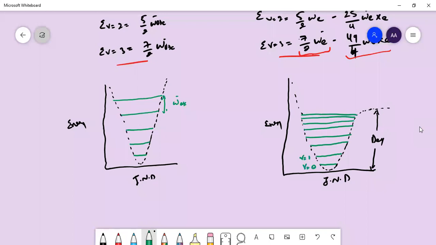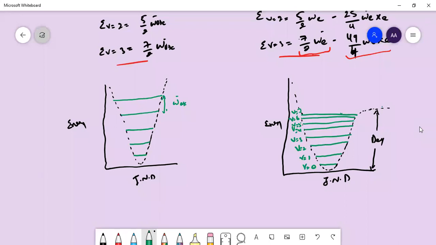That is V equal to 0, 1, then 2, 3, 4, 5, then V equal to 6, and V equal to 7, and the levels converge up to our dissociation energy. Finally, the bond breaks down when the energy level reaches this point, our dissociation energy.